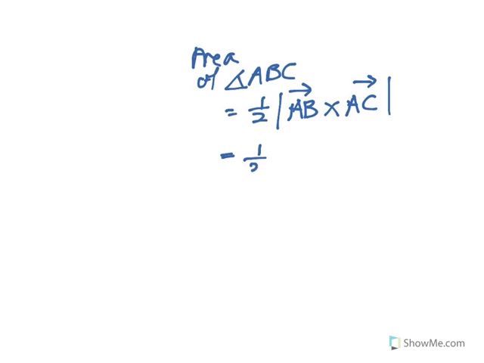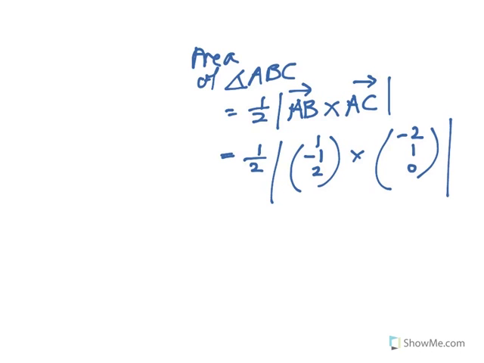So we have half of the modulus of (1, -1, 2) crossed with (-2, 1, 0). Solving this, we cannot just add up the vectors.